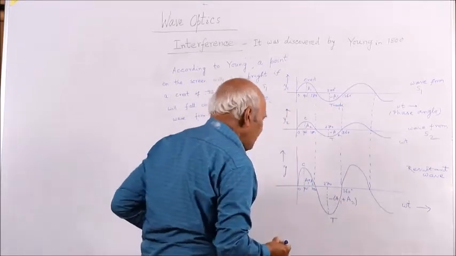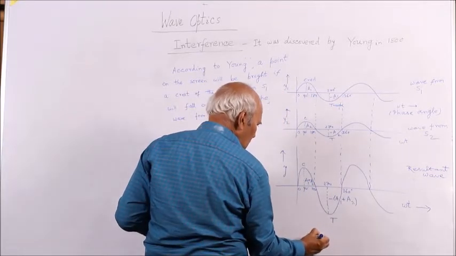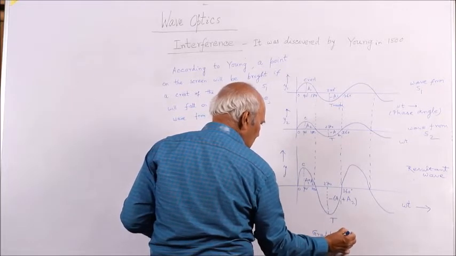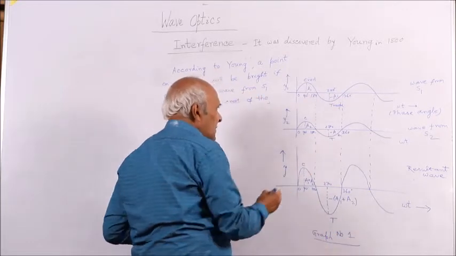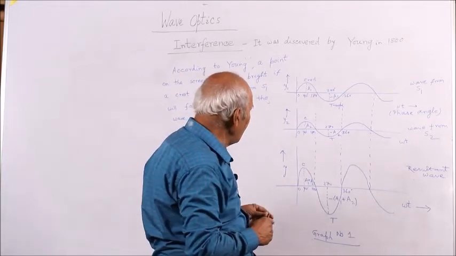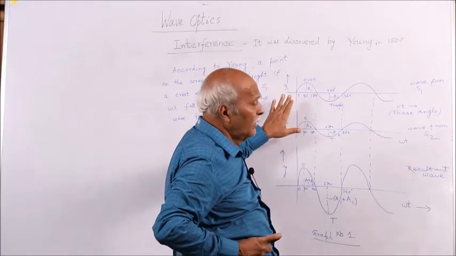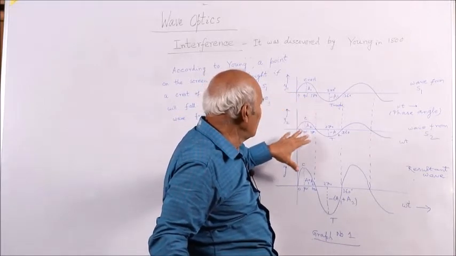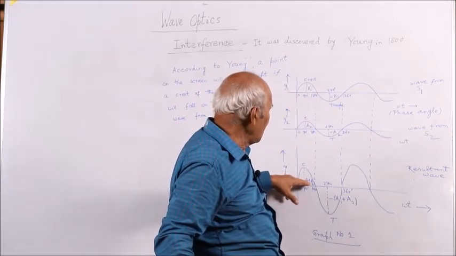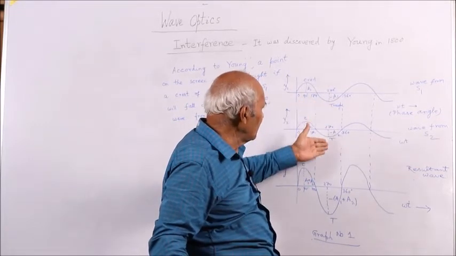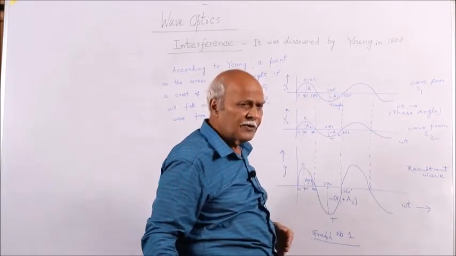So, from this graph number 1 we see that when crest falls on the crest, the principle of superposition y is equal to y1 plus y2 makes resultant amplitude A1 plus A2. Similarly, when trough falls on the trough, it is minus of A1 plus A2.